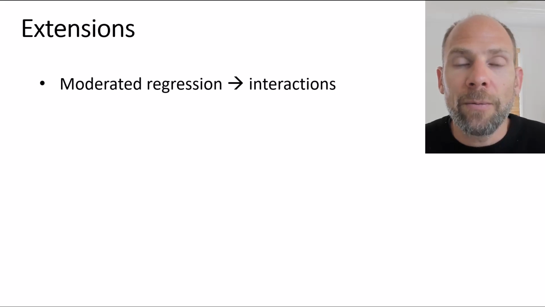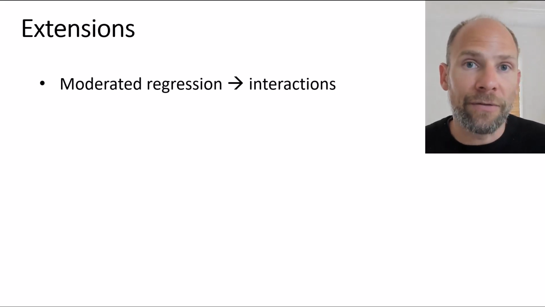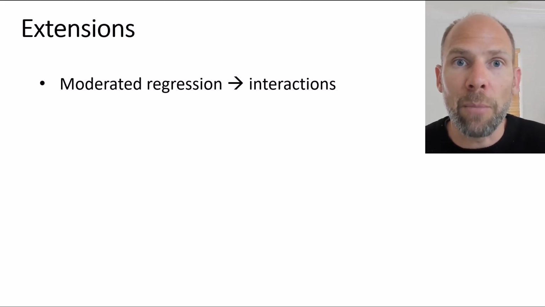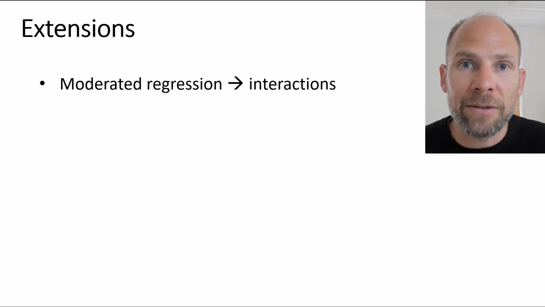So here, finally, the final thing that I want to talk about is extensions of the standard linear regression model. So we can also include interaction terms as in an analysis of variance. So we can have what's called moderated regression, where we have product terms between X variables that allow us to model potential interactive effects between the predictors.